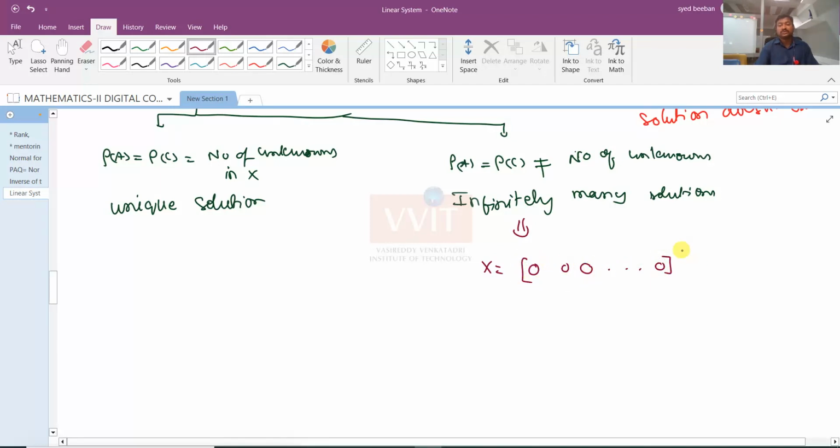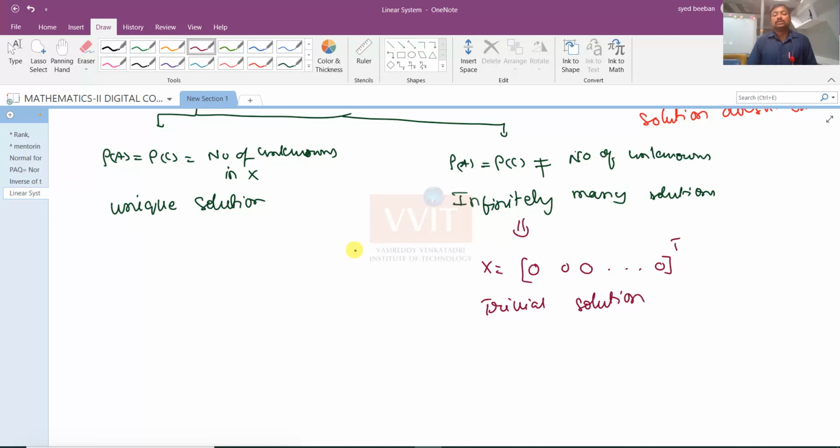I wrote it row-wise to save space, and then I use the transpose, which means it is a column vector. By default this would be the solution when the given system is homogeneous. If all the entries are 0, it is known as the trivial solution.